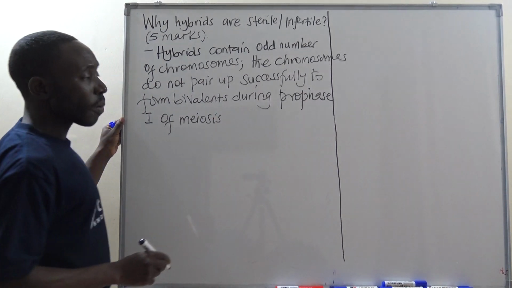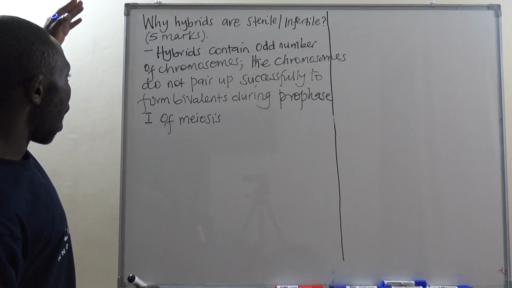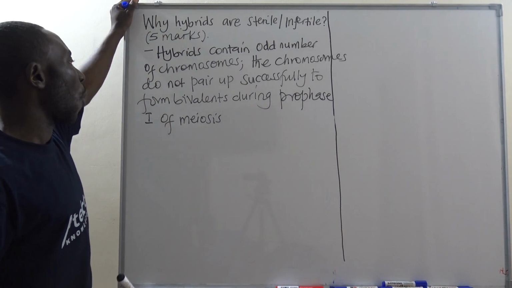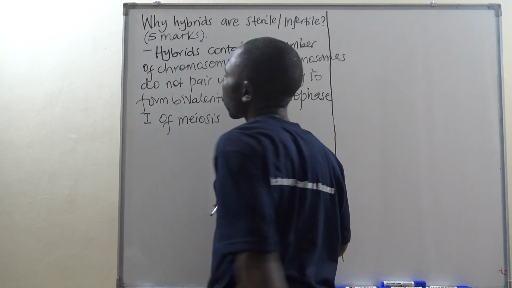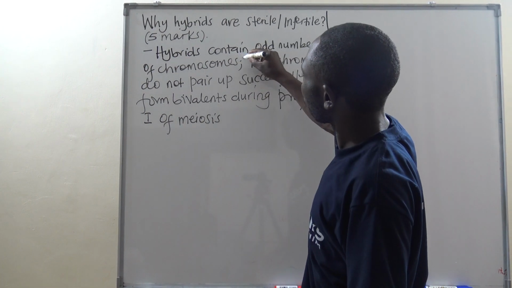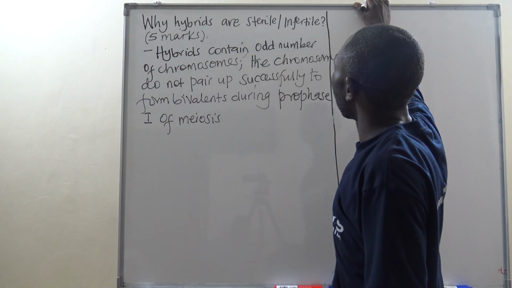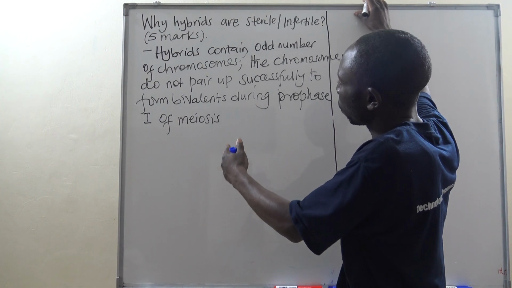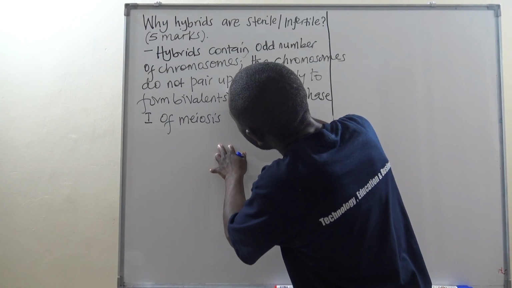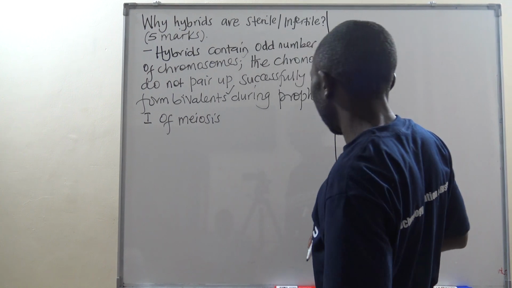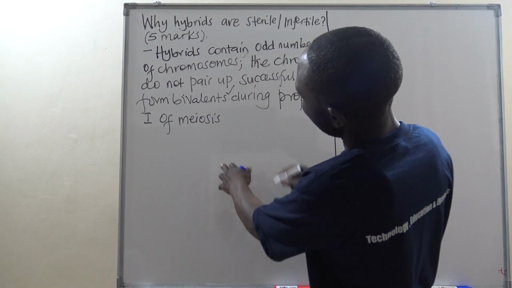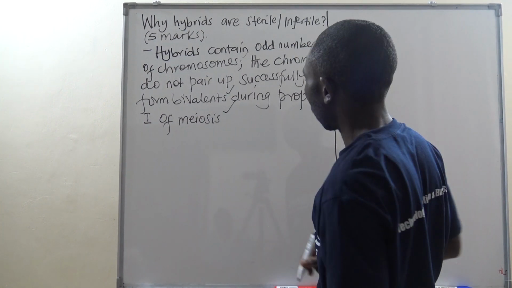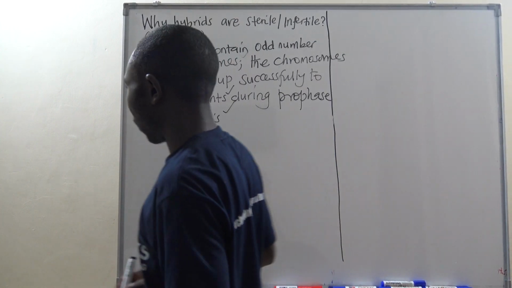During prophase 1 of meiosis, hybrids contain an odd number of chromosomes, and of course those chromosomes do not pair up successfully to form bivalents during prophase 1 of meiosis.